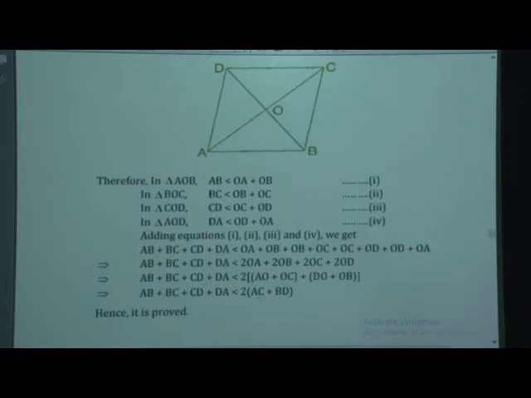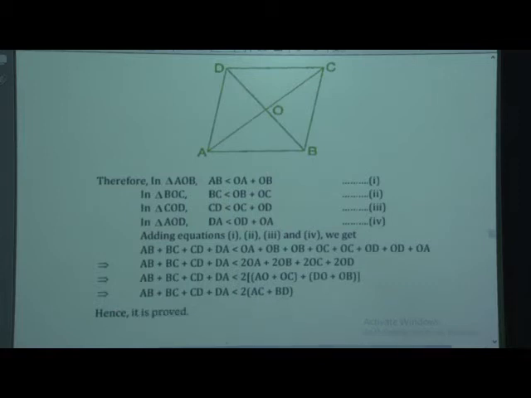And similarly here DO plus BO is equal to DB. So in the place of these 2, we are writing DB, or you can write BD. Both are same. Hence it is proved that the given statement, AB plus BC plus CD plus DA is smaller than 2 times the bracket AC plus BD.